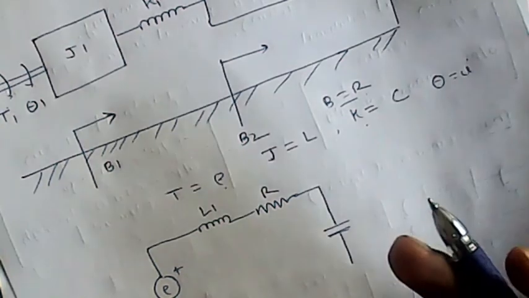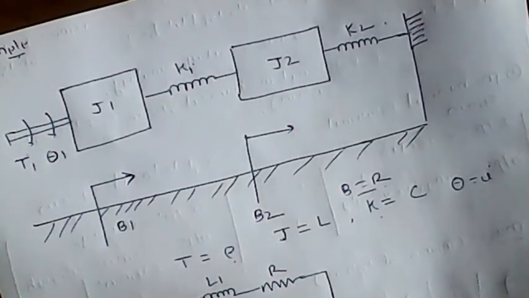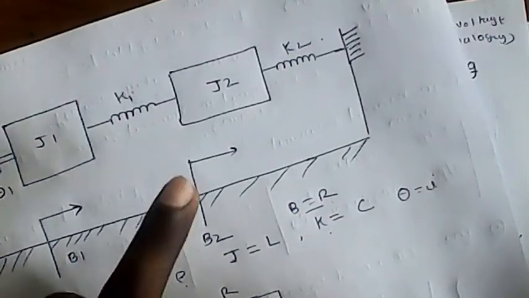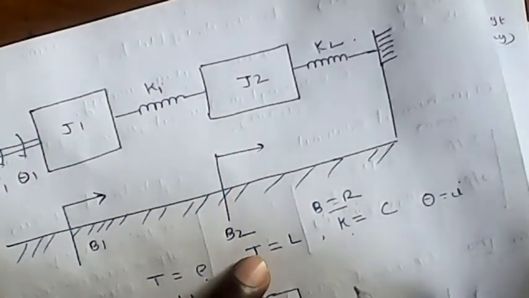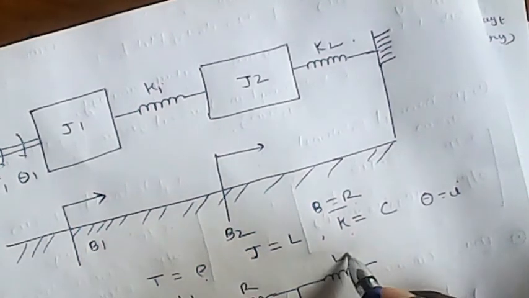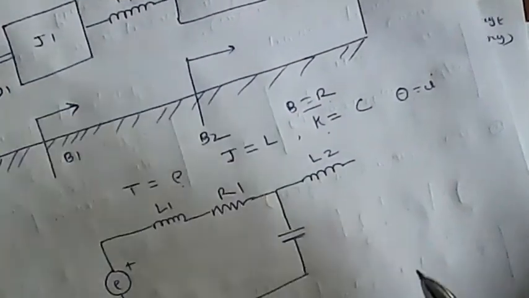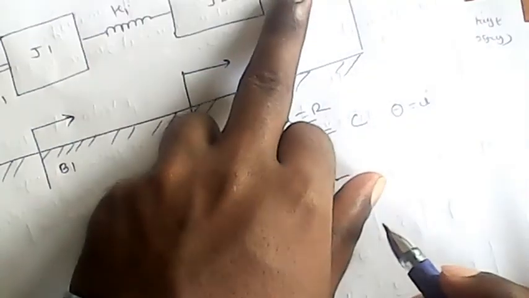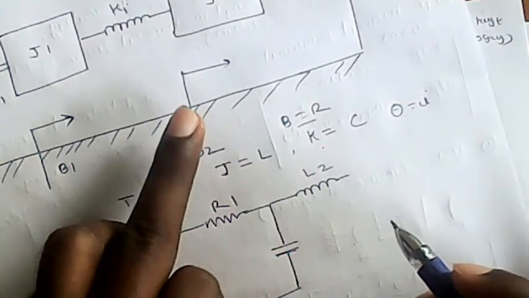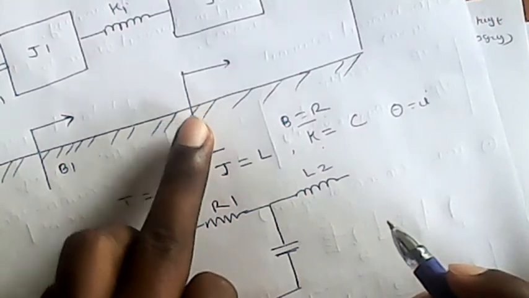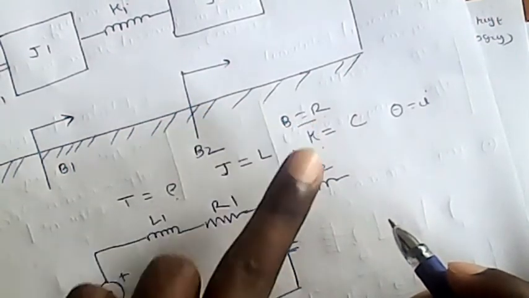The number of meshes is 2 because the number of masses J1 and J2 is 2. Again, mass 2 is represented as an inductor, L2, this is R1, and again there is a friction, B2, which is mapped into resistance.